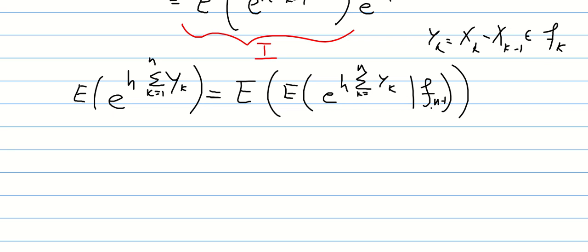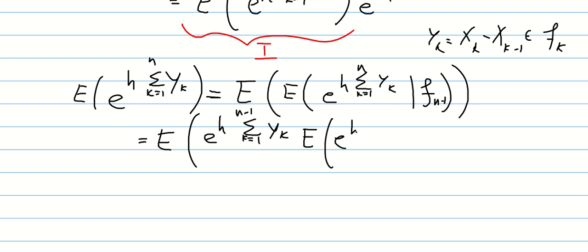So we can remove several of these terms outside of the conditional expectation. So we're going to have e to the h sum, k equals 1 up to n minus 1 of yk. And we still have here the conditional expectation of e to the h yn given F_{n-1}.